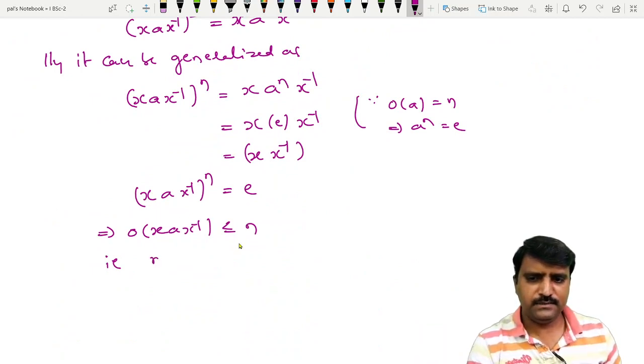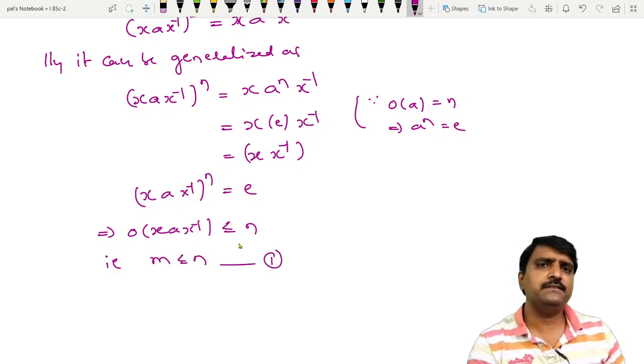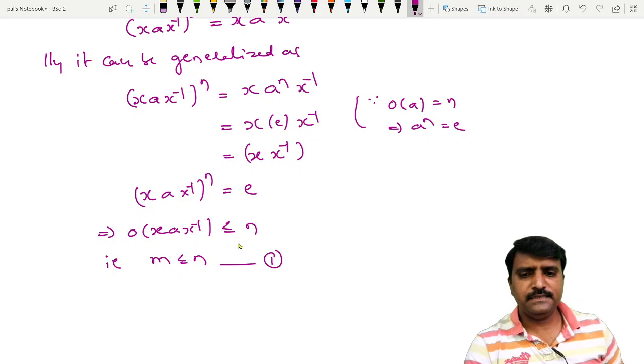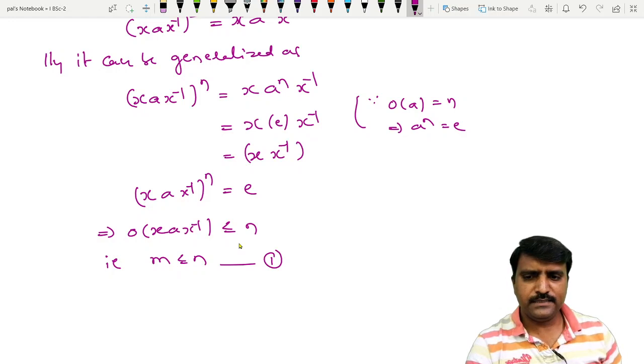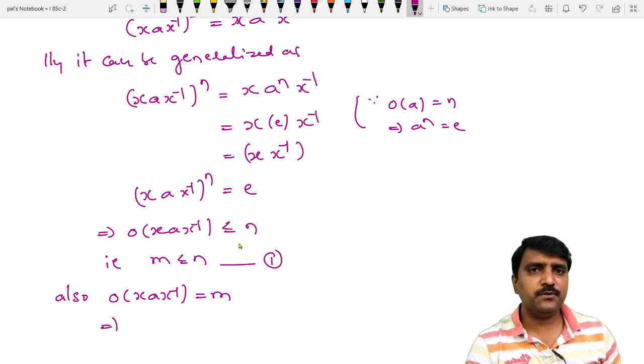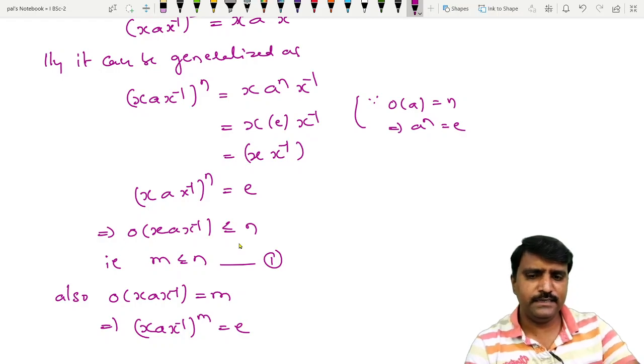Take this inequality as 1. Again, we consider the order of x a x inverse is m. So take this statement. What does it imply? x a x inverse to the power of m is e, that is, x a x inverse to the power of m is equal to the identity element e.